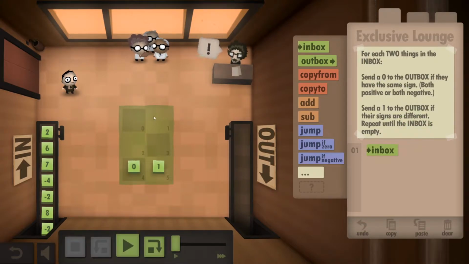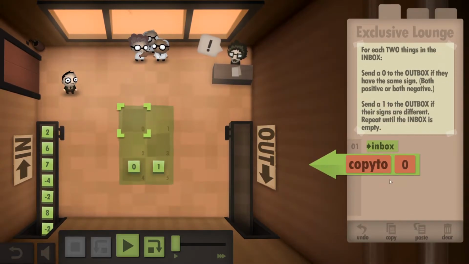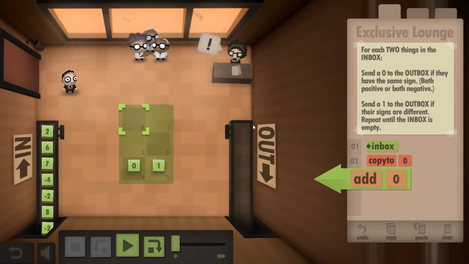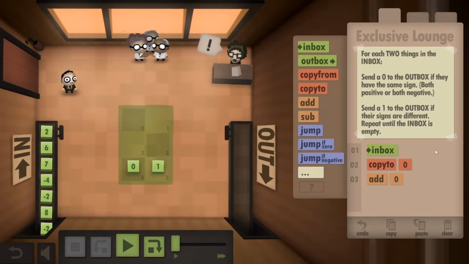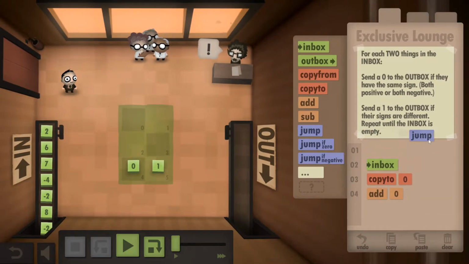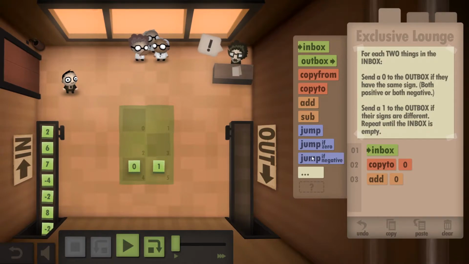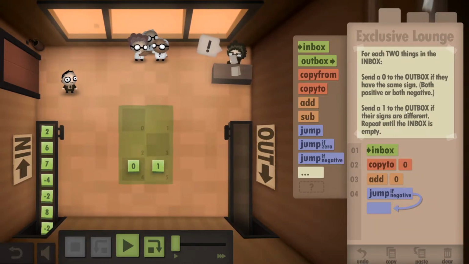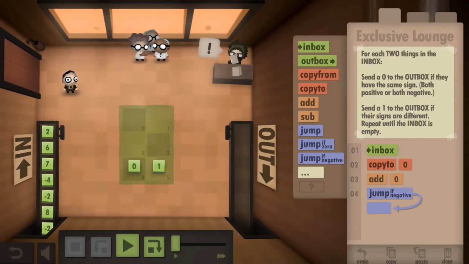We'll get the inbox number and we'll go ahead and store that in slot 0. And then we want to add to what we just stored. So in this case we'll have 2, we'll add 2 to it, we'll have 4. So then we want to, if it's negative, jump to... oh wait a minute.